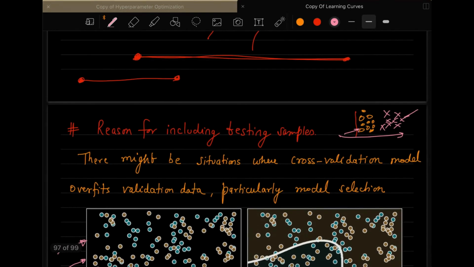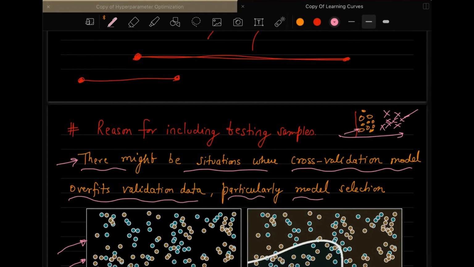The problem is this. There might be a situation where the cross validation model that you are doing overfits the validation data set, particularly in model selection. In the validation scheme, you are selecting different models, and you select the model which gives you the minimum validation loss.